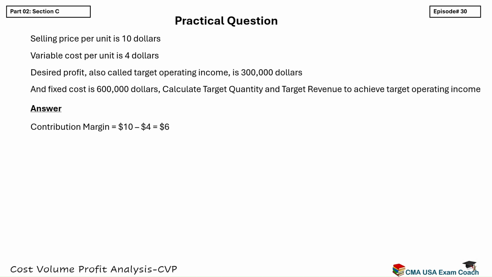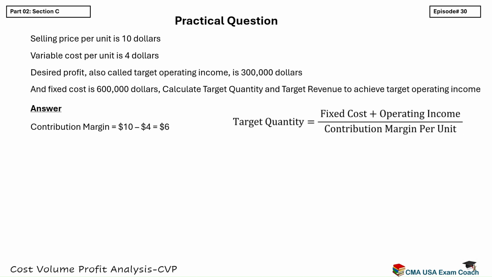Next, let's calculate the target quantity. The formula is target quantity equals fixed cost plus desired profit divided by contribution margin per unit. Let's plug in the values. Fixed cost is $600,000. Desired profit is $300,000. Contribution margin per unit is $6.